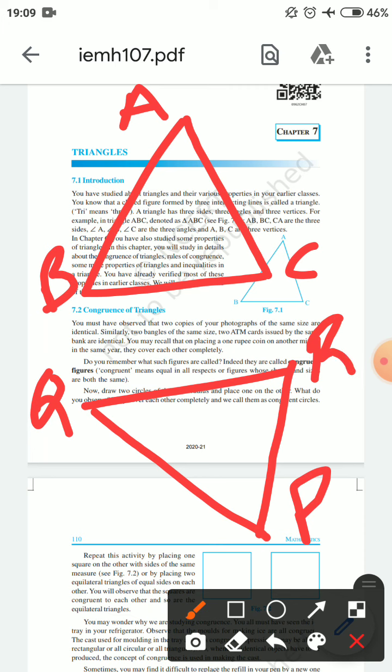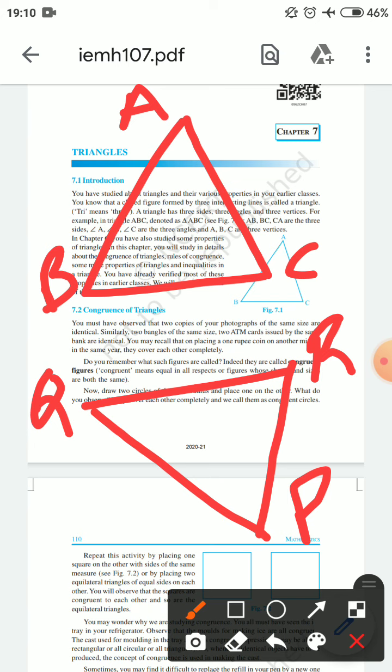Right, so for the triangles ABC and PQR to be congruent, side AB should be equal to side PQ, AC must be equal to side PR of the other triangle, and side BC should be equal to QR. This is one of the five criteria for any triangle or any figure to be congruent.